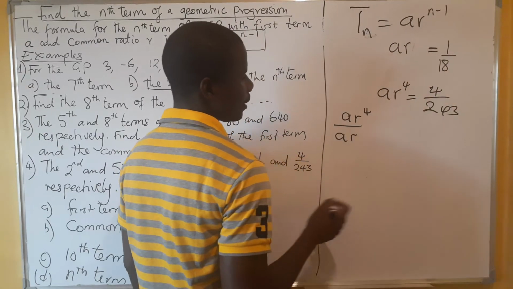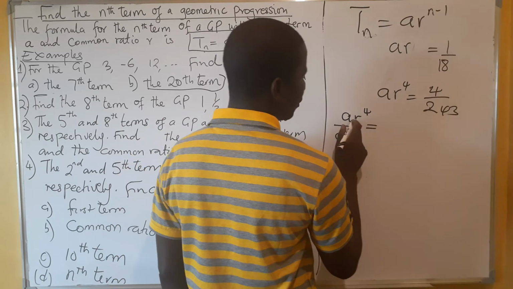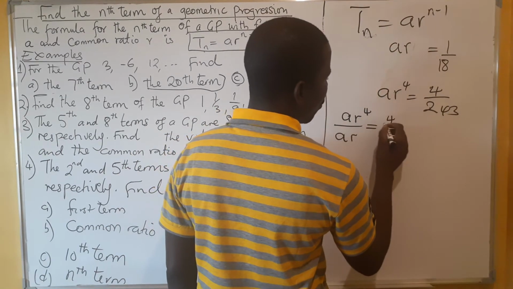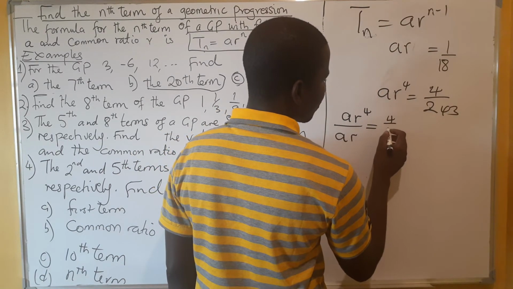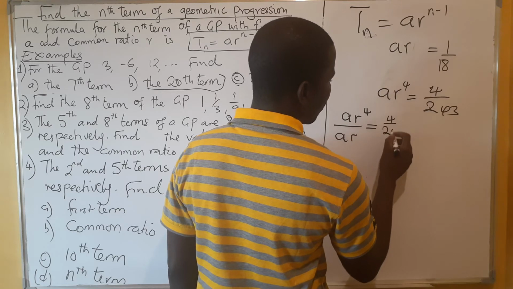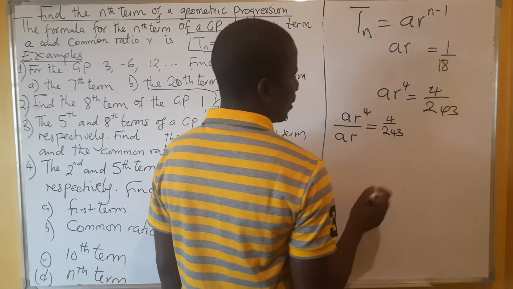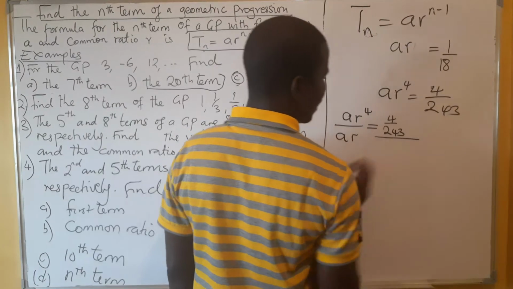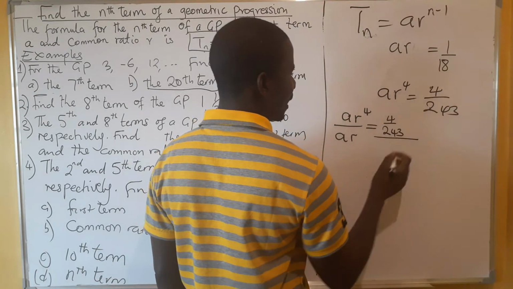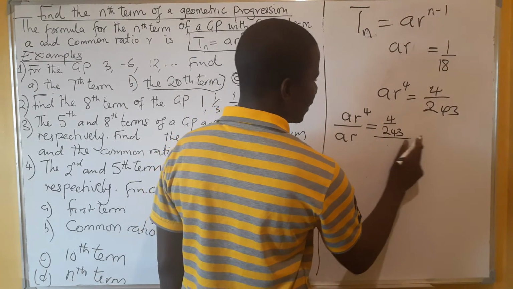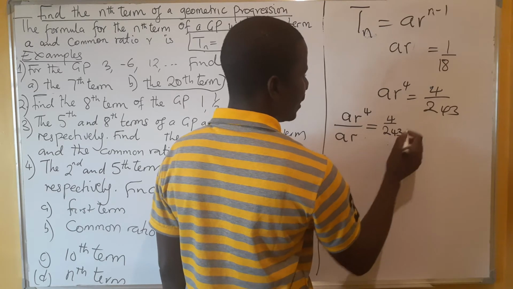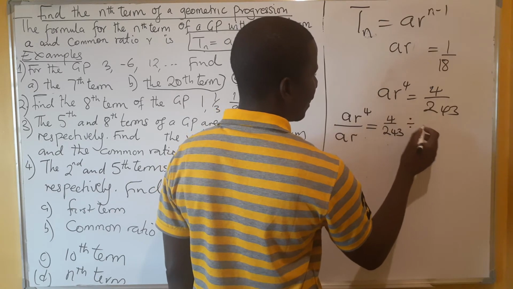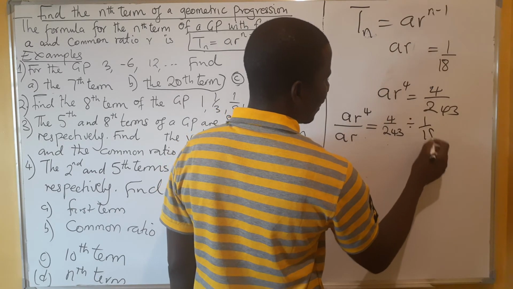Okay? Like that. Then this side, what did we have here? We have 4 over 243, divided by 1 over 18.